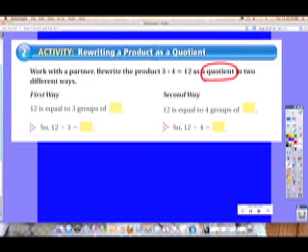Okay, so let's do 2 different boxes. On this one, we're taking 12 positives and putting them in 3 groups. So draw your box. This is another example of 3 groups. But now we've got to put positive signs in there. How many positive signs, guys? 12. Are you ready?